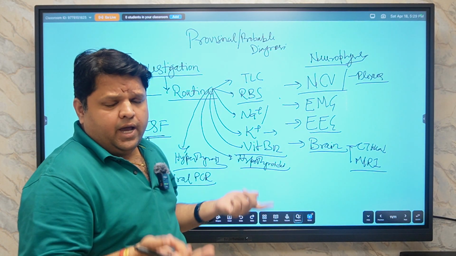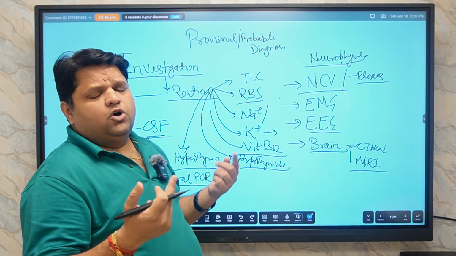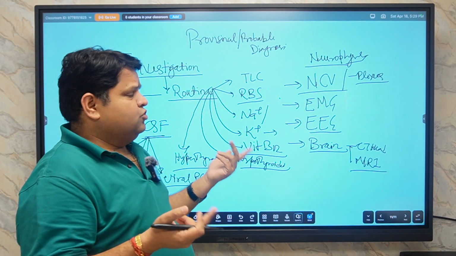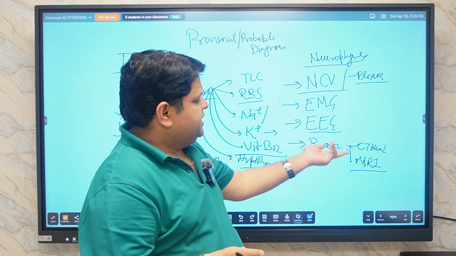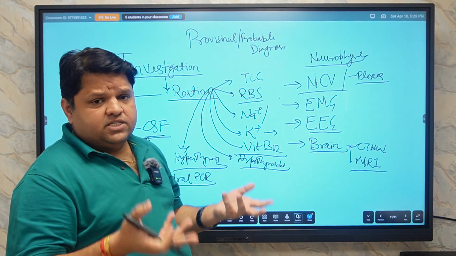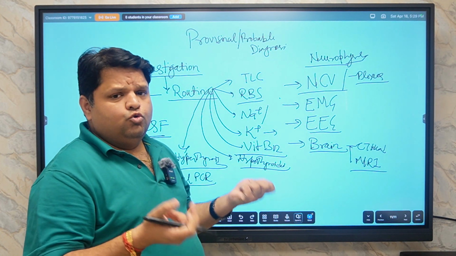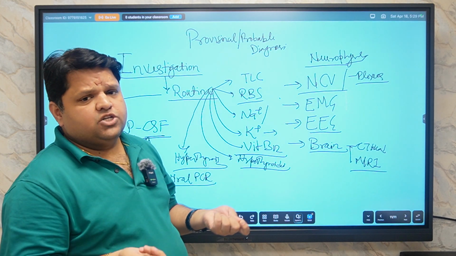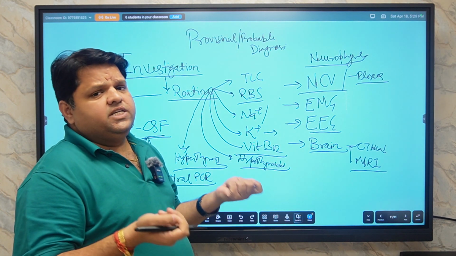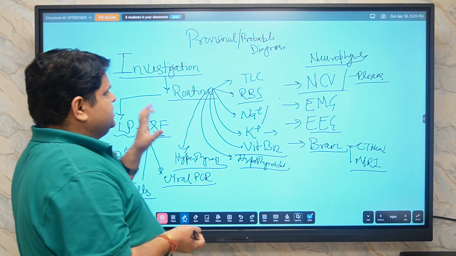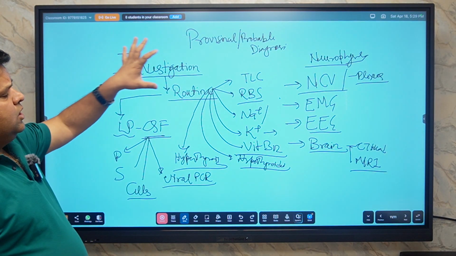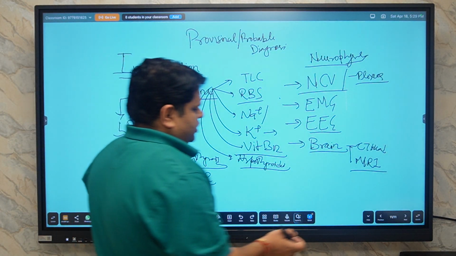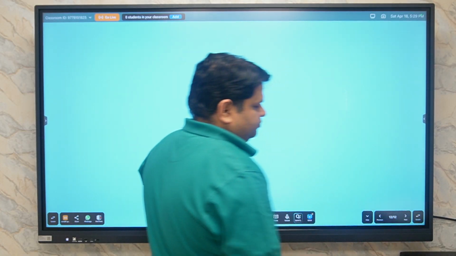EEG is for encephalopathy like hepatic encephalopathy, autoimmune encephalopathy, and for seizure disorders. Brain imaging, CT and MRI, localizes the lesion and finds the cause, like tumor, trauma, infarction, or a vascular lesion like ICH or infarction. So this is the detail about the investigations from the neurology point of view.